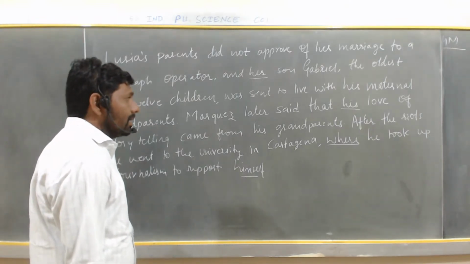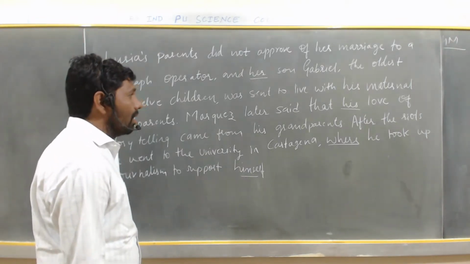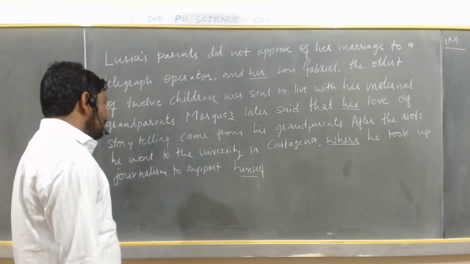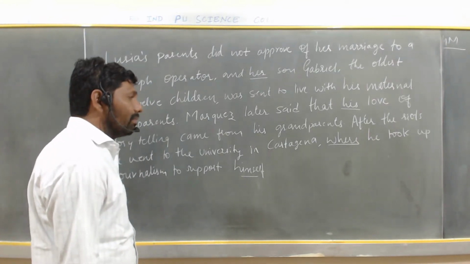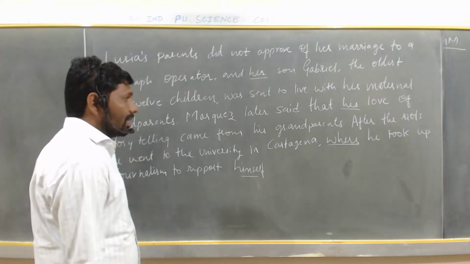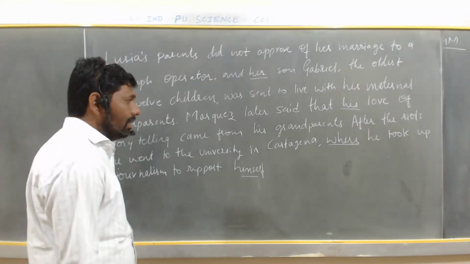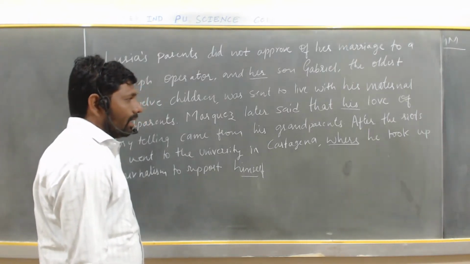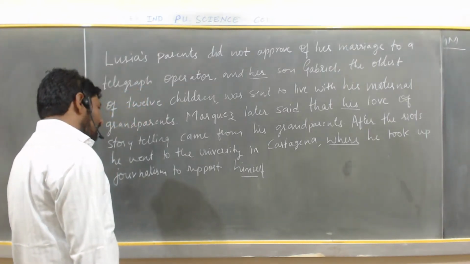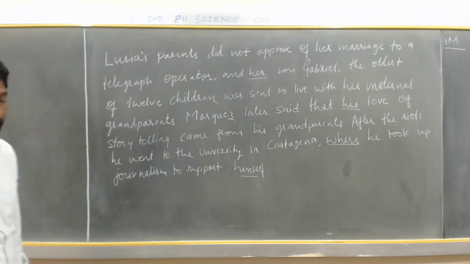Marcus later said that his love of storytelling came from his grandparents. After the riots, he went to the university in Cartagena, where he took up journalism to support himself.